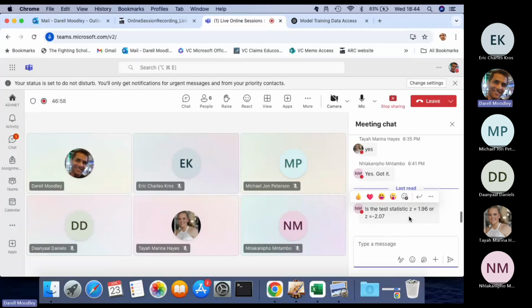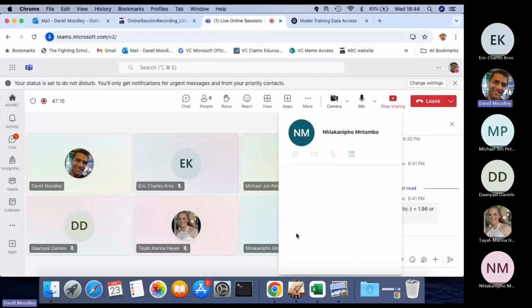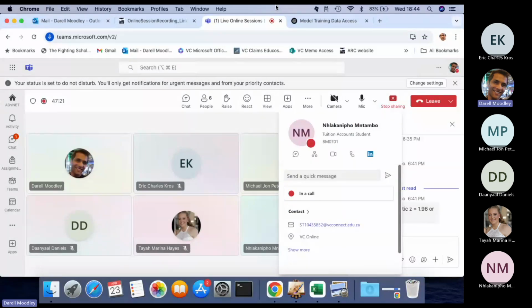So, 1.96 is your critical value. Okay, that's your critical Z value. Minus 2.07, that's your test statistic. So the test statistic is what you get from the sample. The critical value is what is derived from the level of significance.